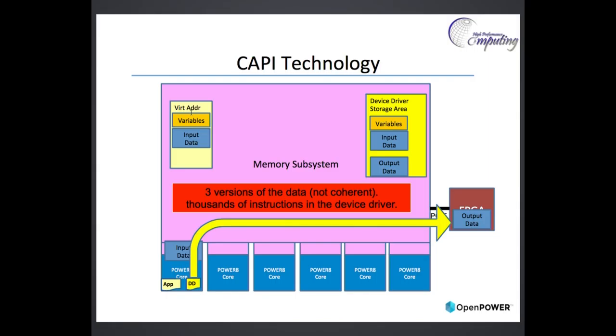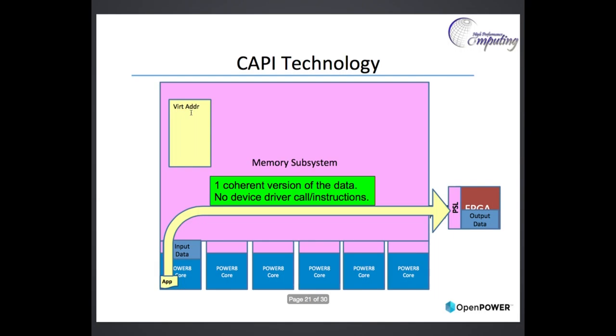Once the FPGA gets the output, it should move it back to the device driver storage area and then back to the virtual address memory. In that case, there are 3 versions of data which are not coherent. In addition, thousands of instructions in the device driver are needed.